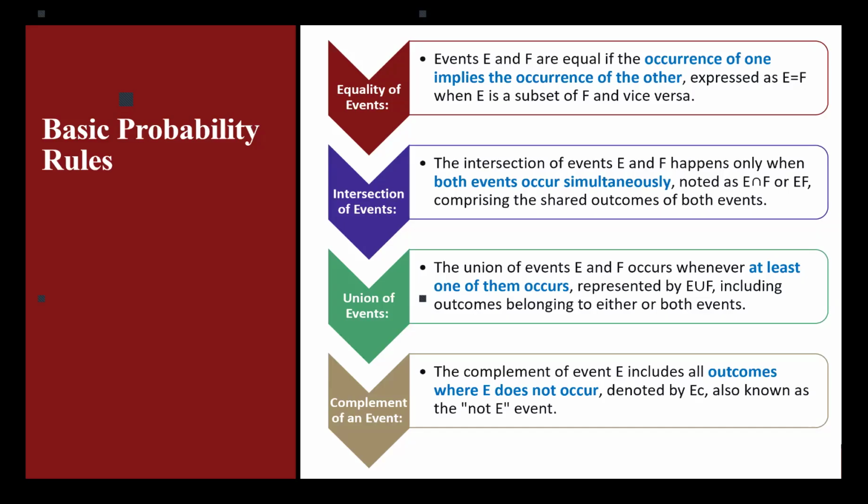So there are no elements outside of E or F that happen to be in the second set. All the members are the same. That means these two sets or these two events are equal to each other. Are we good?